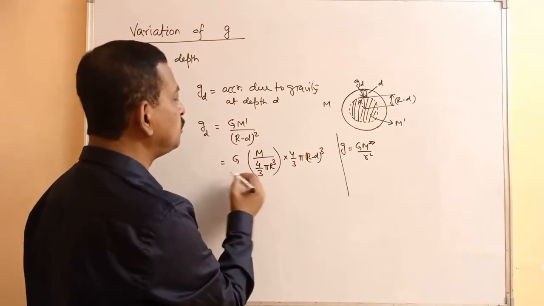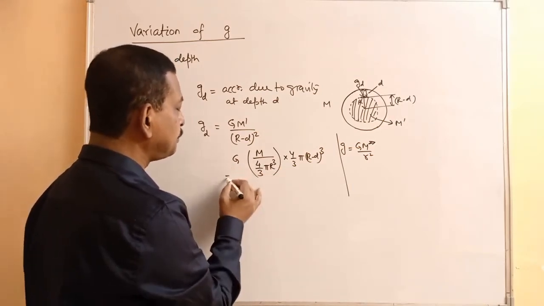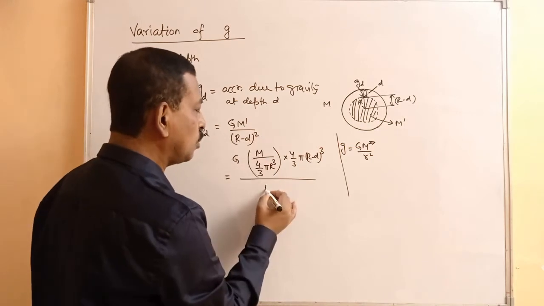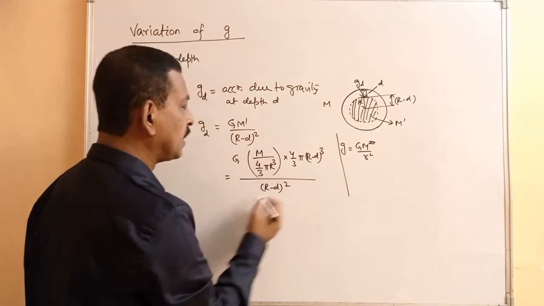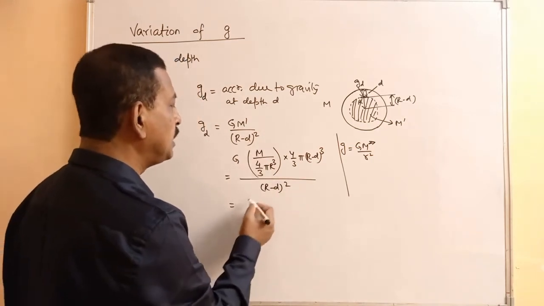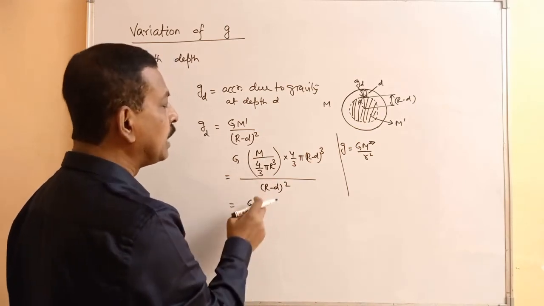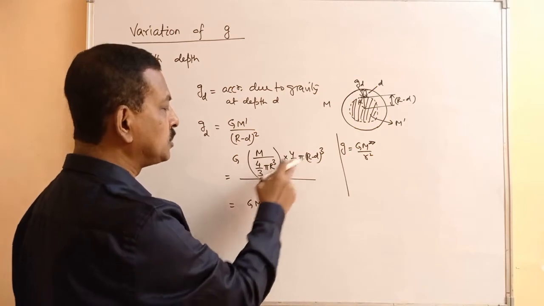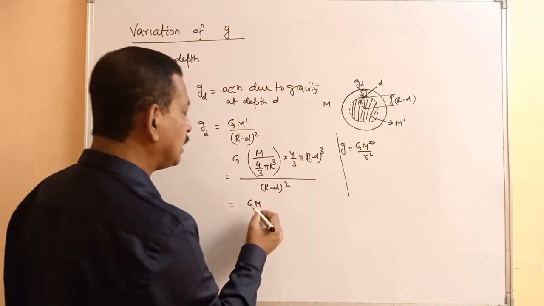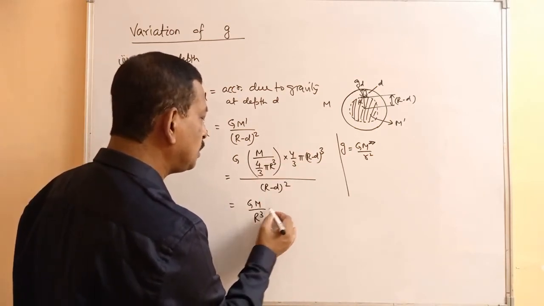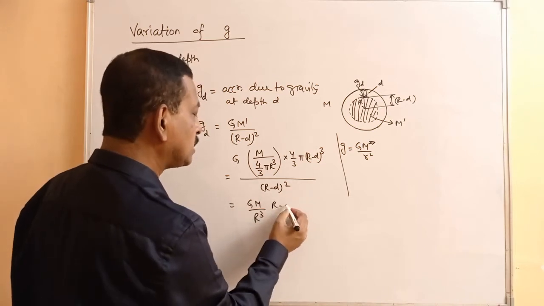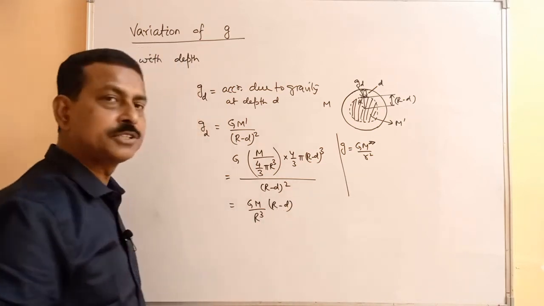Now if you divide this term by (r minus d) whole square, what will you get here? This will be GM. Now this 4 by 3 pi will get cancelled, and here it is R cube and this r minus d term will be left.